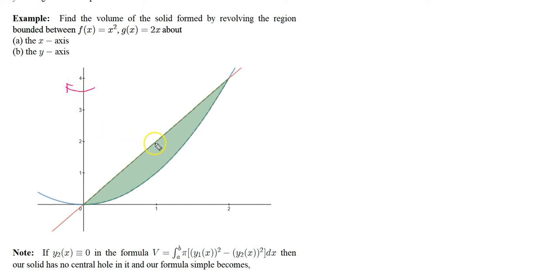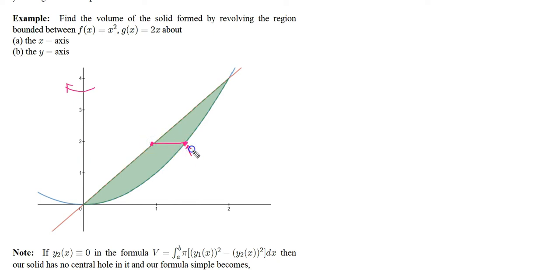So what we do is we draw a thin rectangle represented by a straight line. If you want to, you can add a little width to it if you want. This line representing a thin rectangle is perpendicular to your axis of rotation. Now let's label the endpoints here.